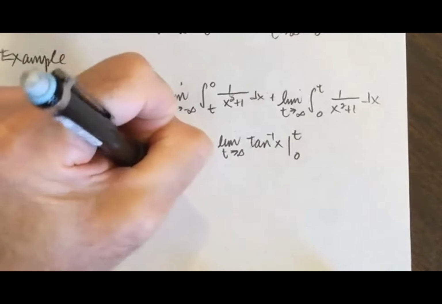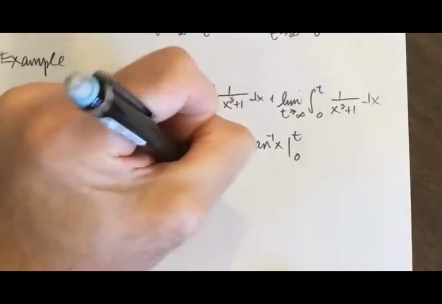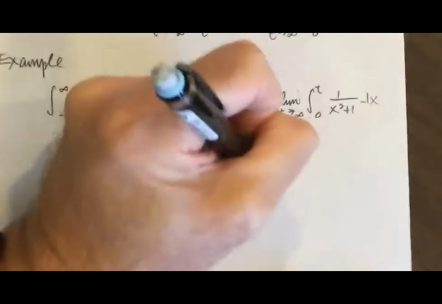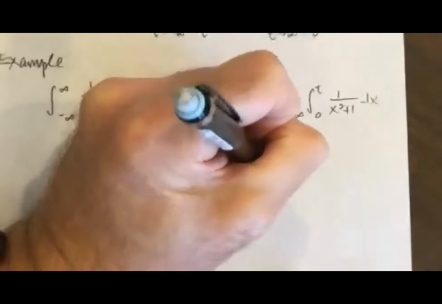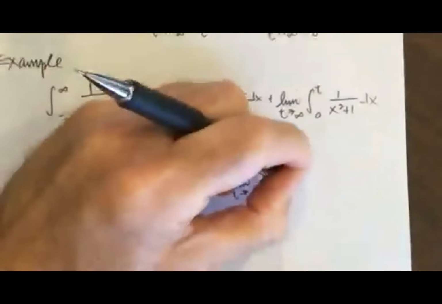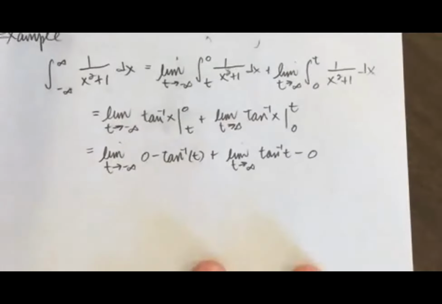Minus the arctangent of t. Okay, then we got plus the limit as t goes to infinity of arctangent of t, minus 0.